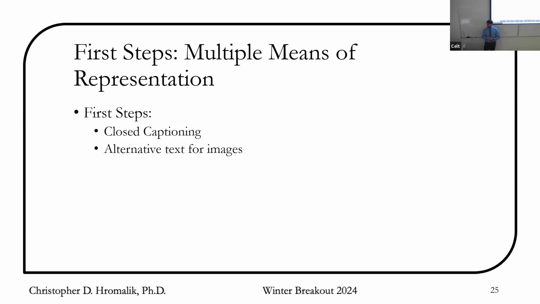Another first step, we add alternative text to images. So take a PowerPoint slide. Much like the PowerPoint that I'm showing you right now, there are images on the PowerPoint slide. If you were to right click on an image, that will give you the option to view or edit alt text. And you would simply provide a very short description, about 150 characters max, of what is relevant information in that image.